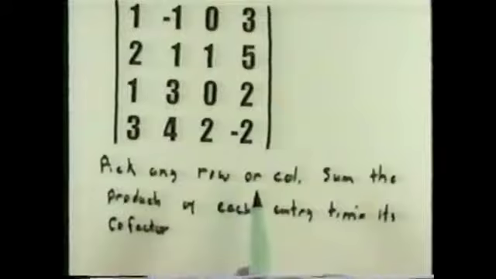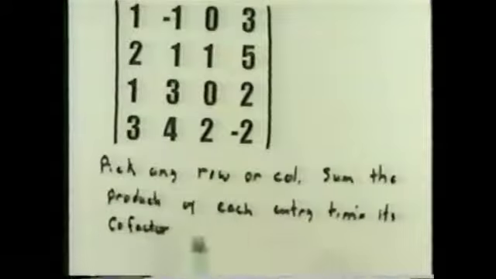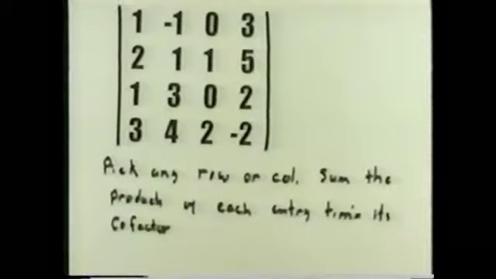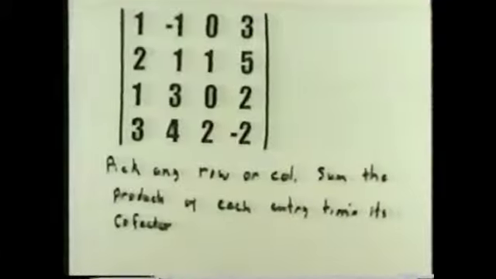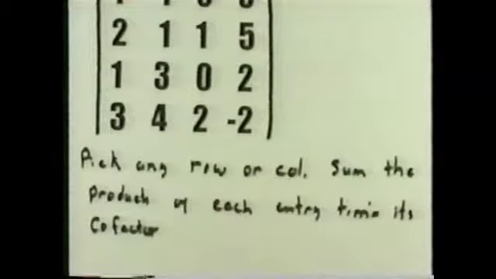So pick any row or column and then sum the products of each entry times its cofactor. We add up the results of each entry times its cofactor.